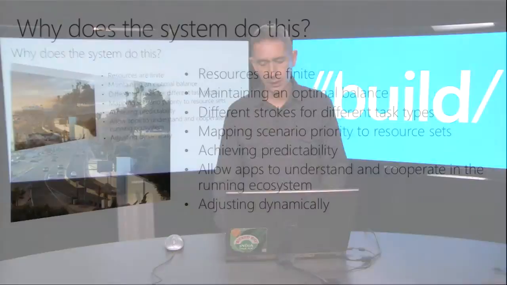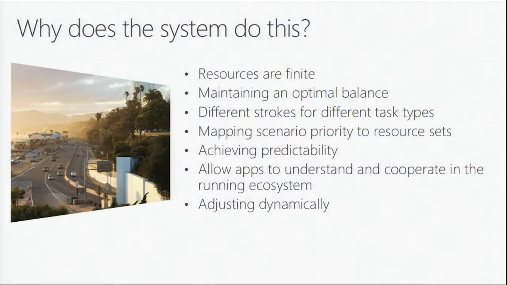So the system polices resource constraints. On most devices, well, on all devices, resources are finite. Even if you consider a huge desktop with 128 gig of RAM and a massive hard disk, there's still a limit to how much is actually available. And the user can keep on installing additional physical RAM up to a point, but there's still going to be a limit somewhere.